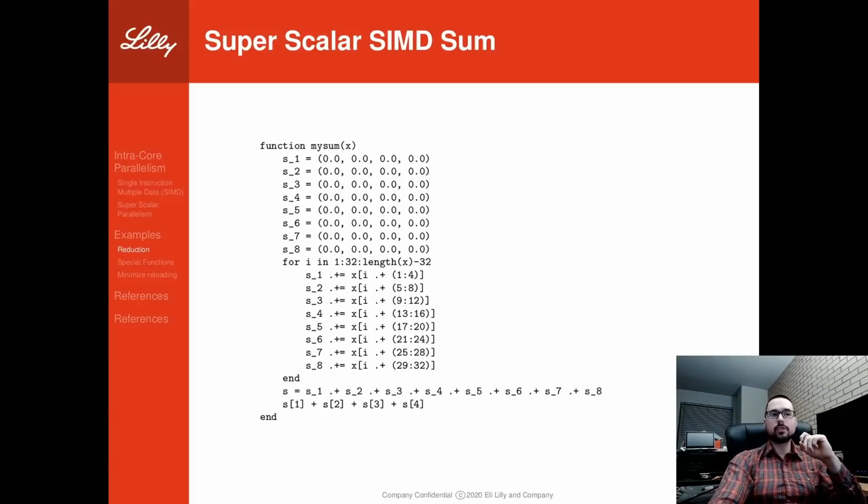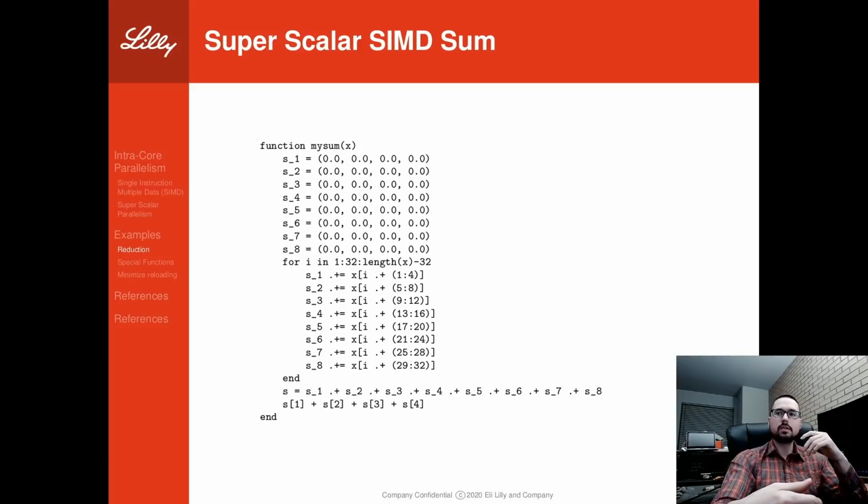What LLVM does for the remainder is it adds one of these scalar loops to just finish off the remaining 0 to 31 elements. However, unfortunately, this is many times slower than the vectorized portion, because we don't have any of this parallelism at all.